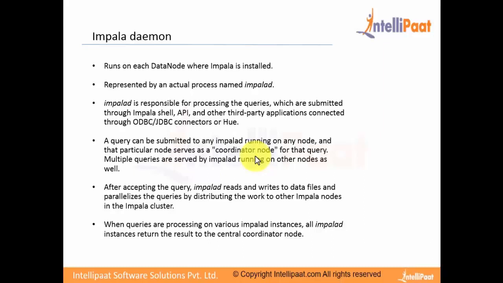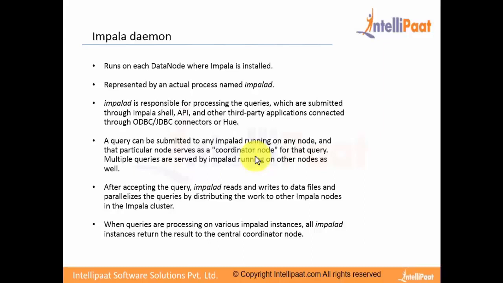Whenever a query is executed, it will be distributed to different data nodes or Impala Ds, if I may say that, which are going to execute the query in parallel and give us the results. Parallel processing reduces the overall execution time by a lot, and Impala D is the slave node which is responsible for taking up that query and processing it in parallel.